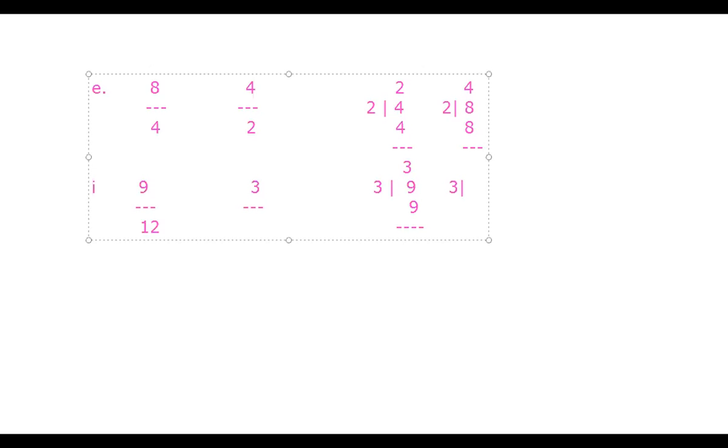The quotient is 3. So if I divide 12 with this, I will get the result 4. Now the result has come: that is 4.